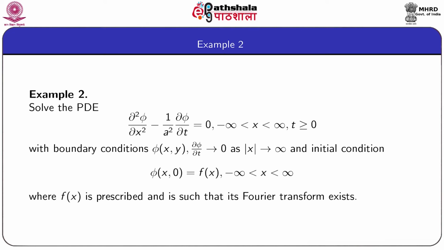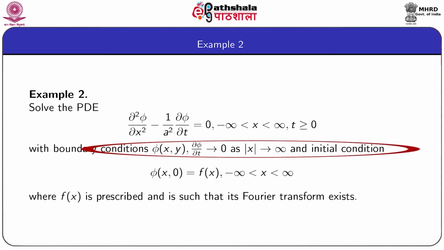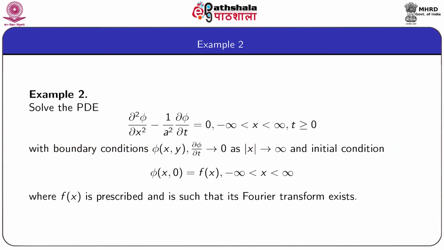Here a is a constant and the boundary conditions are phi and del phi by del x tend to 0 as mod x tends to infinity, and the initial condition is phi at t equal to 0 is equal to f(x), x ranges from minus infinity to plus infinity, and f(x) is a prescribed function and is such that its Fourier transform exists.